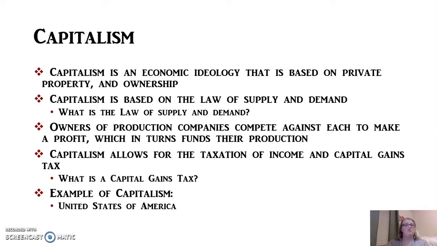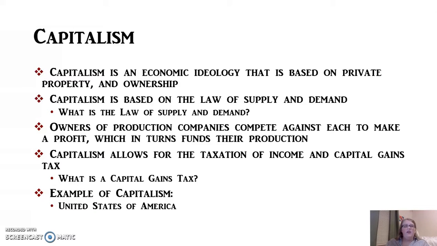Capitalism is also based on the law of supply and demand. That means if an item is wanted enough, the cost of it will increase. If an item is not needed or is not popular at the moment, the price of it will decrease because it's not in demand. That's the law of supply and demand.